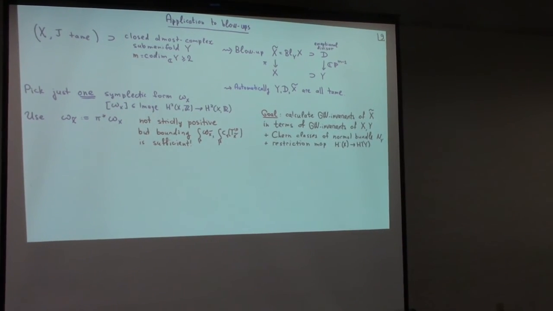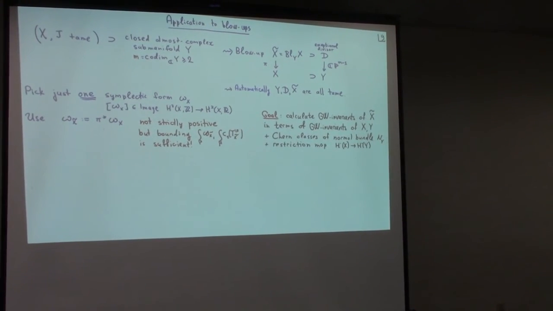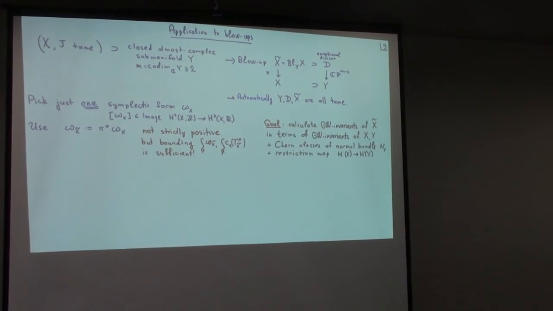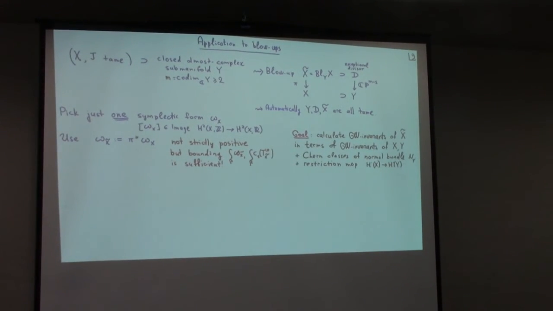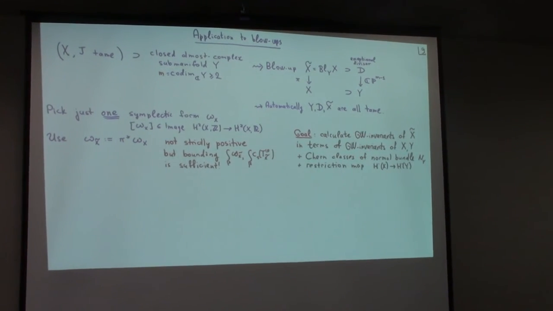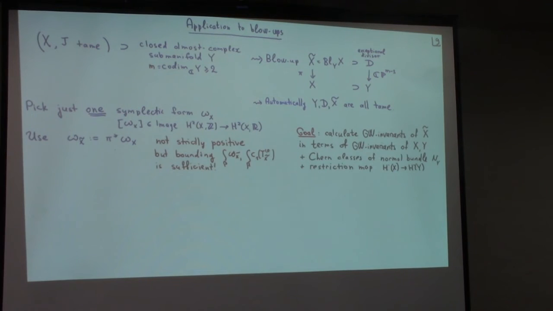Then I can make a blow up. Like in the integral case, the blow up contains an exceptional divisor. Over Y you have a fibration, the exceptional divisor. The fiber will be the projectivization of the normal direction, a complex projective space, and automatically all these are tame.